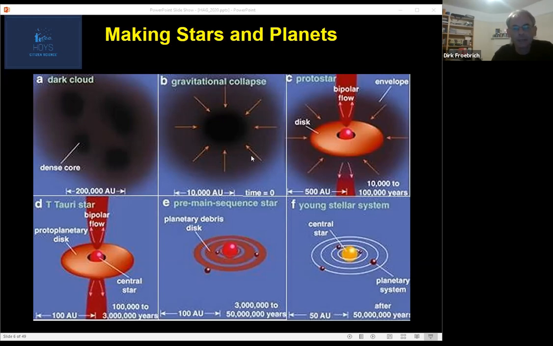We call that process fragmentation. So you initially get that collapse, but there's one region here that has too much angular momentum, and that will then just break up into 2 cores, which keep collapsing, and each of them makes its own star, and both keep orbiting around each other because they formed from that initial gravitational collapse.